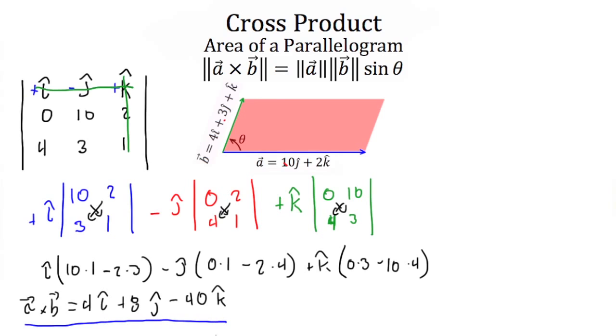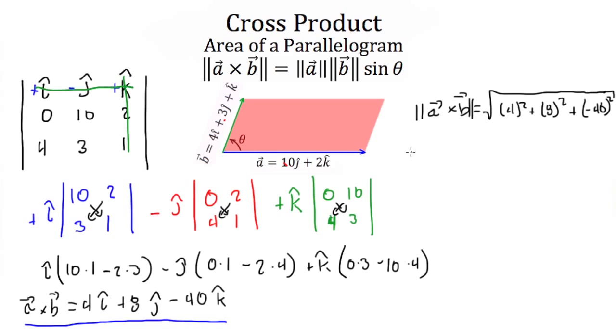Now if I want to find the area of this parallelogram, I need to find the magnitude of this cross product. So the magnitude of A crossed with B is equal to the square root of the amount it moves in the x, which is squared, so 4 squared, plus the amount it moves in the y, which is squared, so 8 squared, plus the amount it moves in the z, which is also squared, so negative 40 squared.